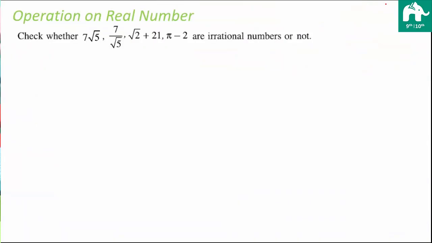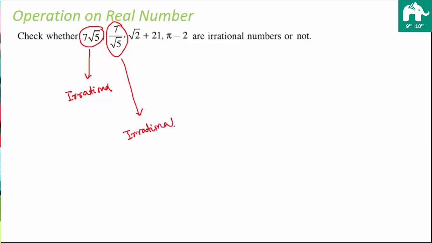Check whether 7 root 5, 7 by root 5, root 2 plus 21, pi minus 2 are irrational numbers or not. Okay, let's take a look. So let's look at 7 root 5: one rational, one irrational, and their product. That means the output will be irrational. 7 by root 5, again one rational, one irrational, so the output will be irrational.